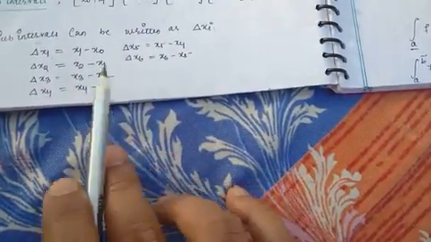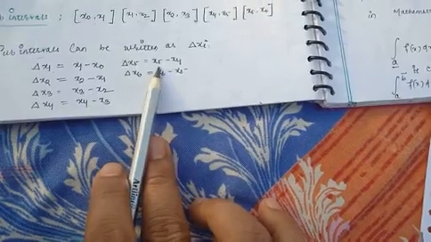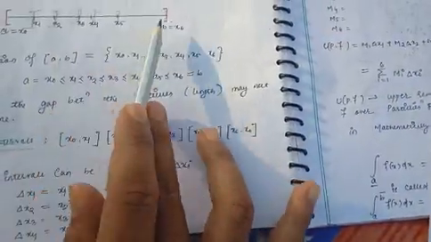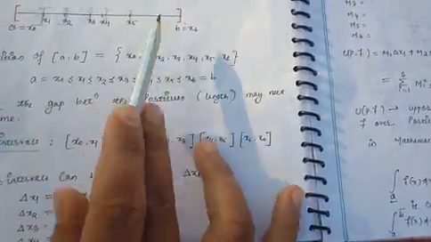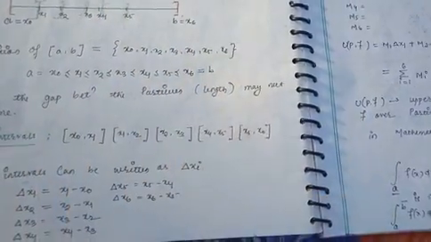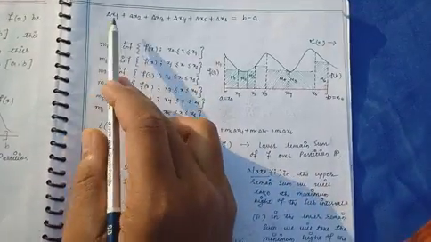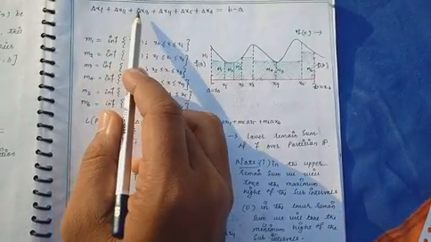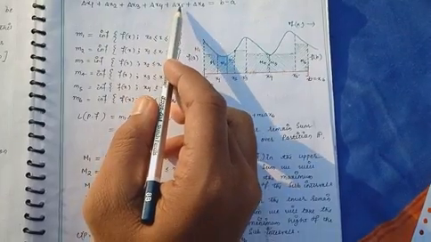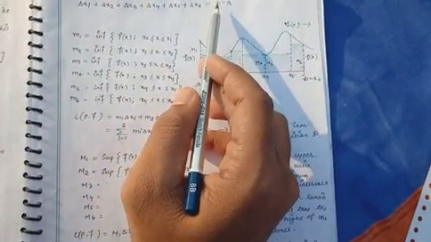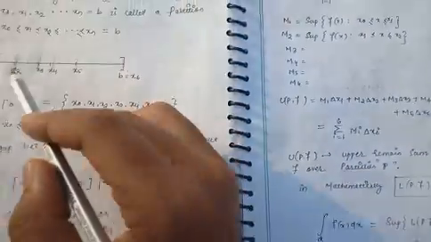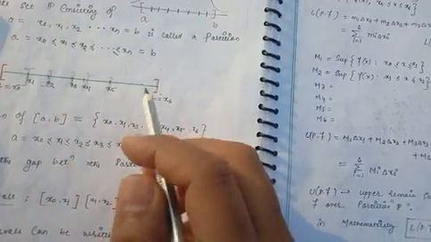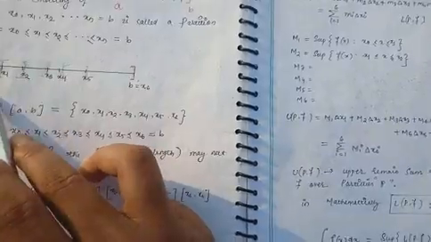I have mentioned all the intervals and their differences. So the total difference can be written as del x1 plus del x2 plus del x3 plus del x4 plus del x5 plus del x6, and this equals the whole difference from a to b, which is b minus a.